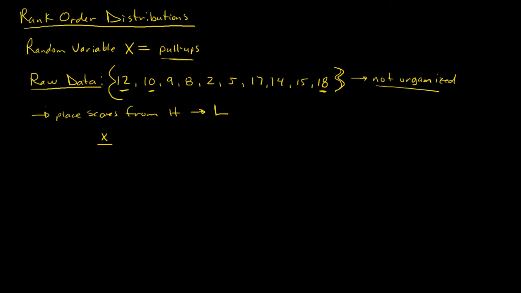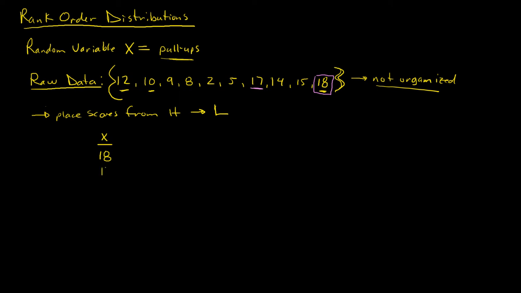So the highest score here was this 18, right? And so it's going to go down here as our highest score. Then the very next score would have been this 17 right here, and so on and so forth.